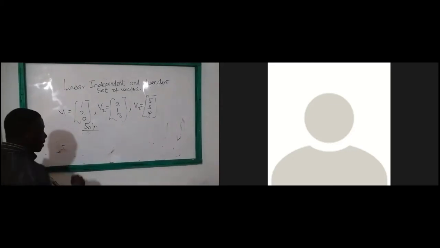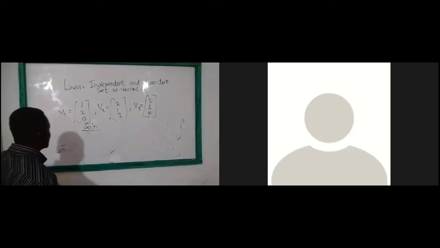So all that you have to do is to express this set of vectors as a linear combination. So it means that you will generate some unknown scalars to multiply this set of vectors. So we can say let A and B and then C represent the unknown scalars.